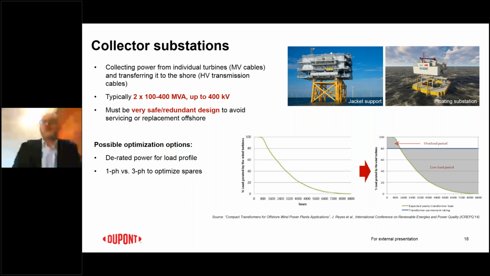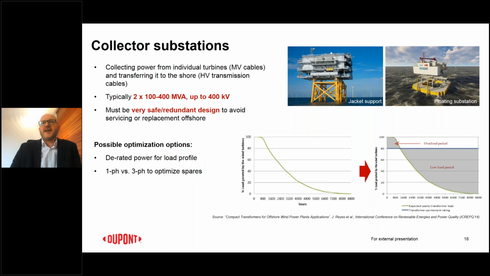So that optimizing of the transformer size, the transformer electrical size, to the actual load pattern could be a very important tool for optimizing the size, the weight, and the cost of the offshore collector transformer.